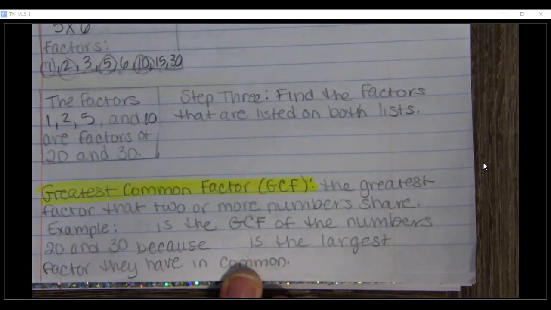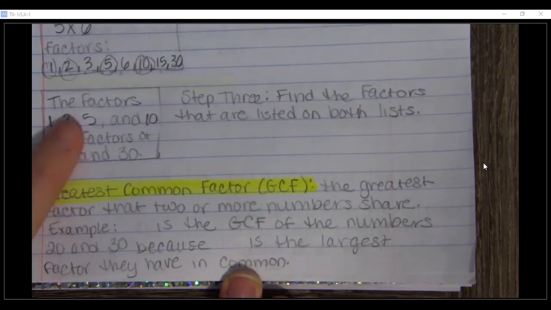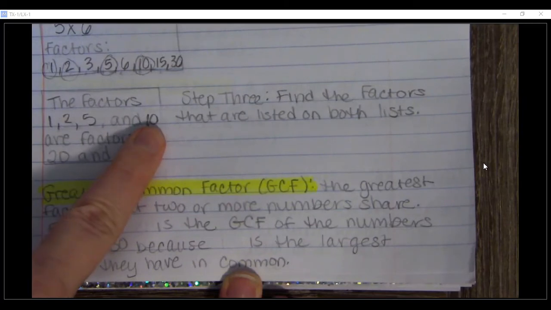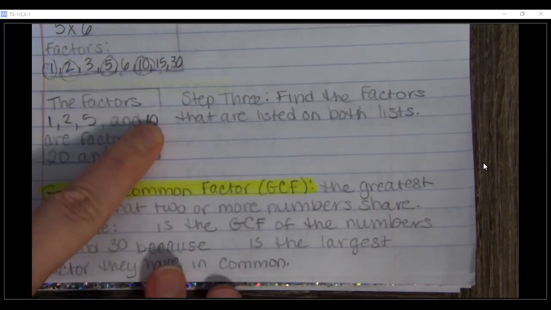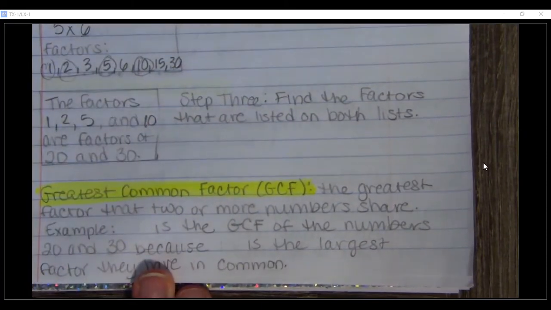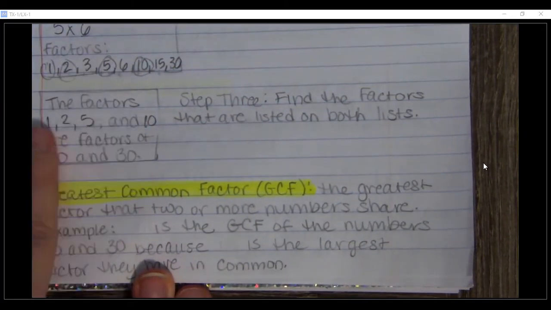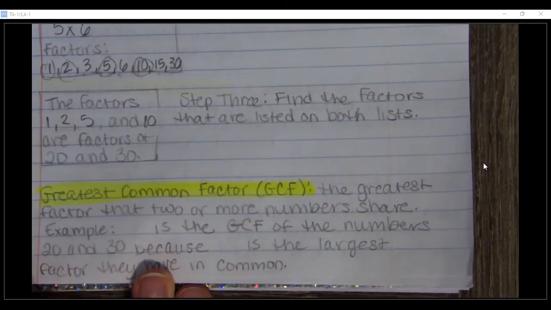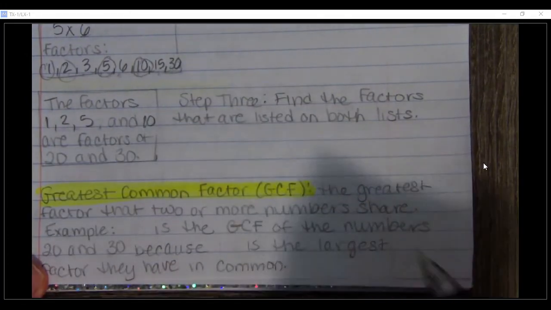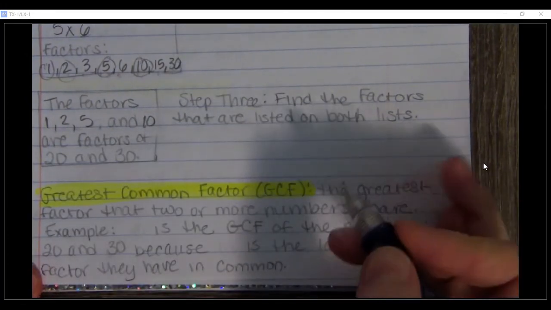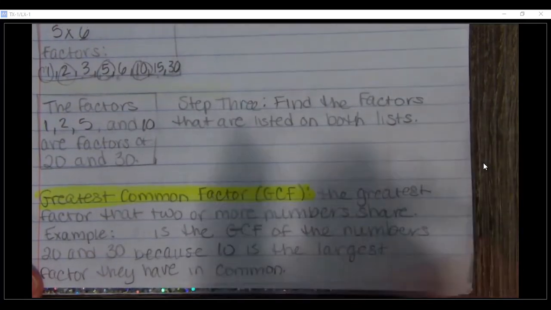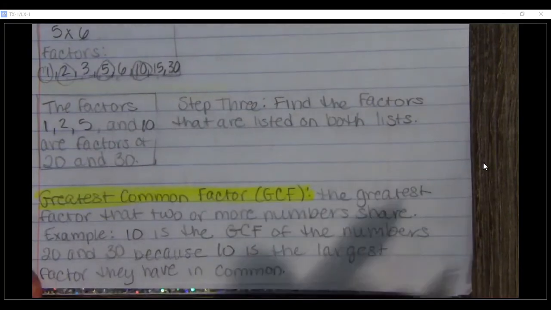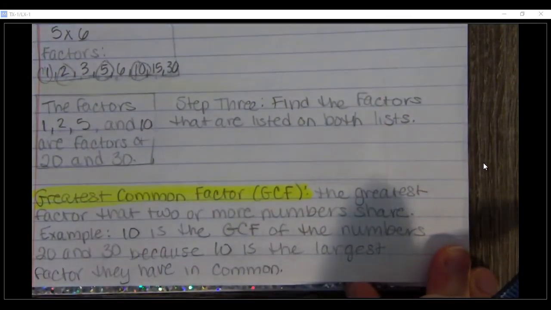So we had 1, 2, 5, and 10 that were the factors of 20 and 30. The biggest of these numbers is 10. So therefore, the greatest common factor of the numbers 20 and 30 is 10, because 10 is the largest factor that they have in common.